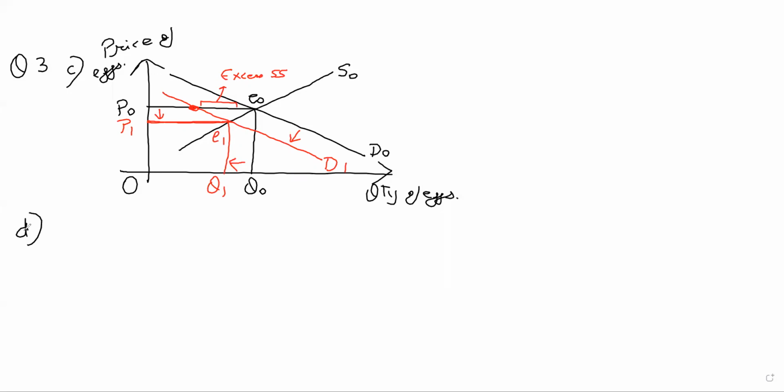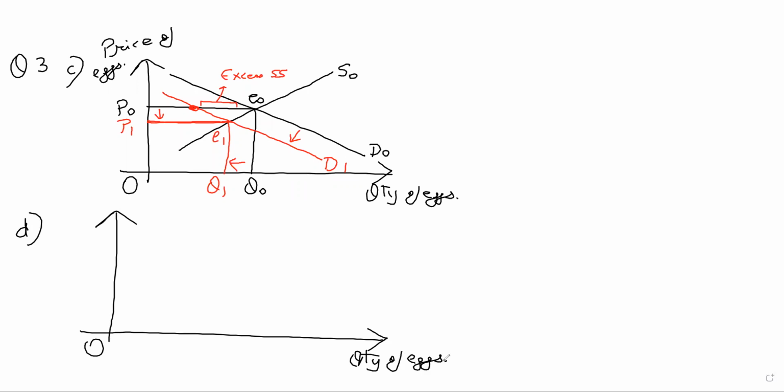Diagram for D. Number of egg producing farms fall. Okay. Number of egg producing farms fall. So all of you know the answer. Yes, the supply will fall.